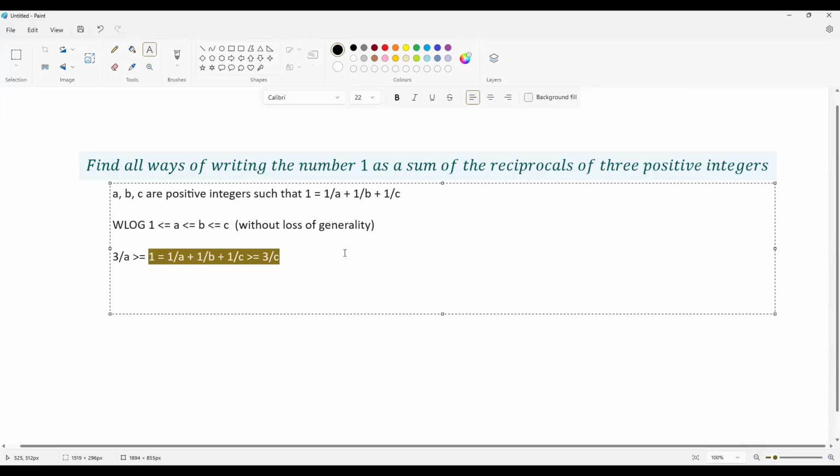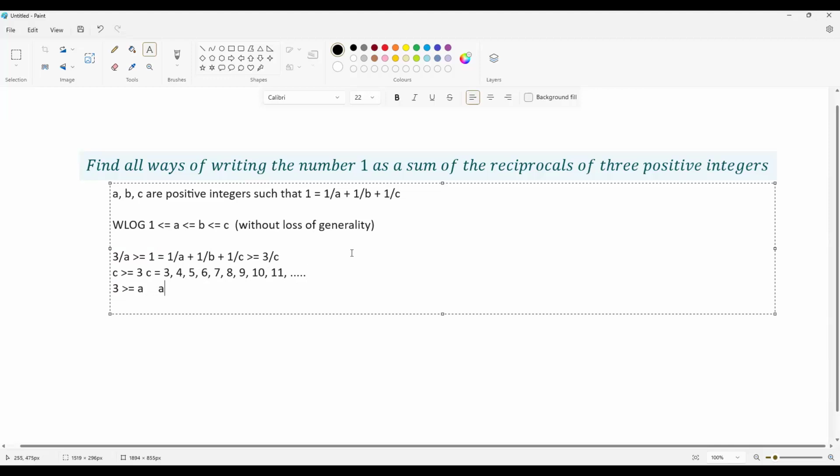First one is greater than or equal to 3 over C. That gives that C is greater than or equal to 3. That's quite useless because C can be equal to 3, 4, 5, 6, 7, 8, 9, 10, 11, and so on. What about this inequality? That gives us that A is less than or equal to 3. That's pretty good, right?